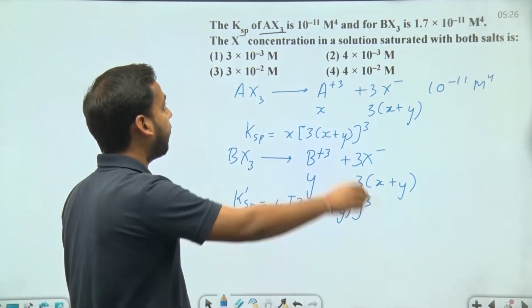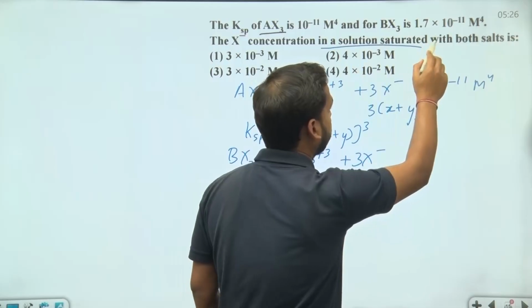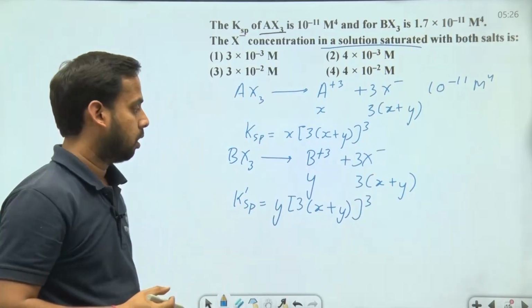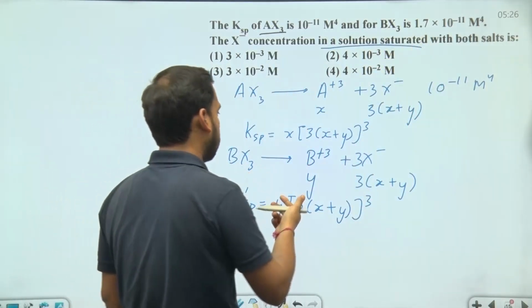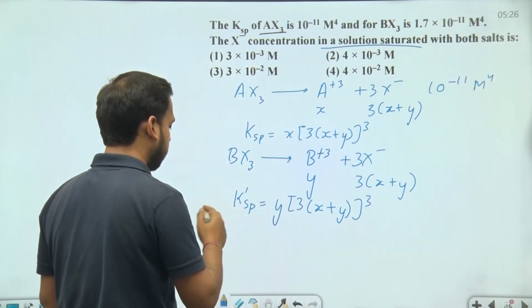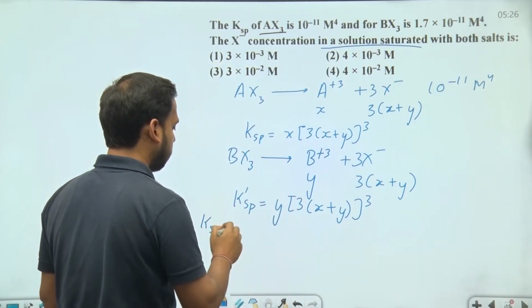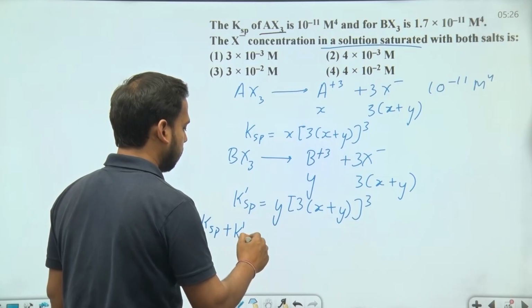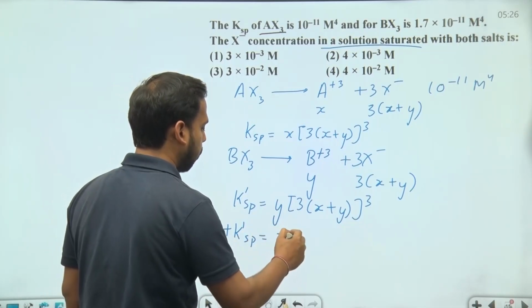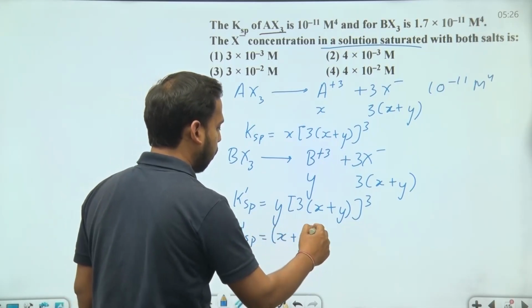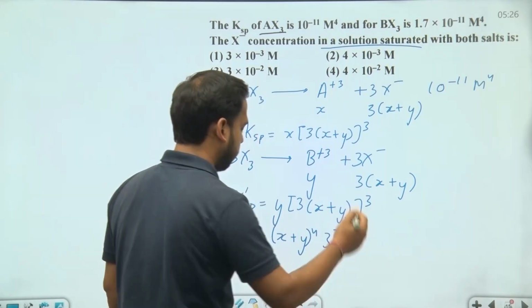Now we have to calculate the X minus concentration in a solution that is saturated with both the salts. So we'll add both the values, KSP plus K dash of SP, that will be equal to X plus Y to the power 4, times 3 to the power 3.